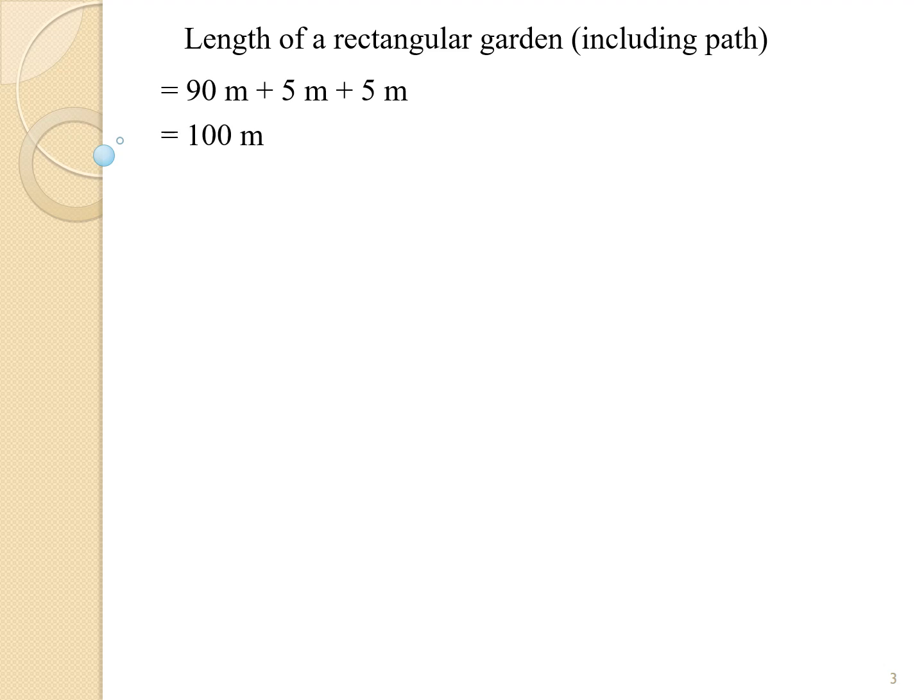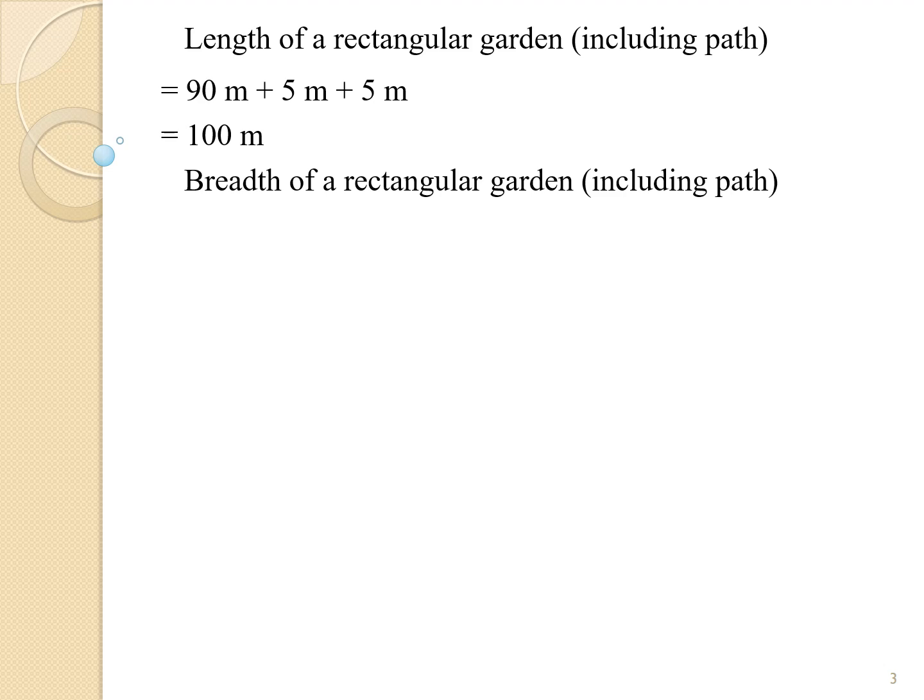And the breadth of the rectangular garden including the path is equal to 75 meters plus 5 meters plus 5 meters, which is equal to 85 meters. Thus, the length including the path is 100 meters and the breadth including the path is 85 meters.